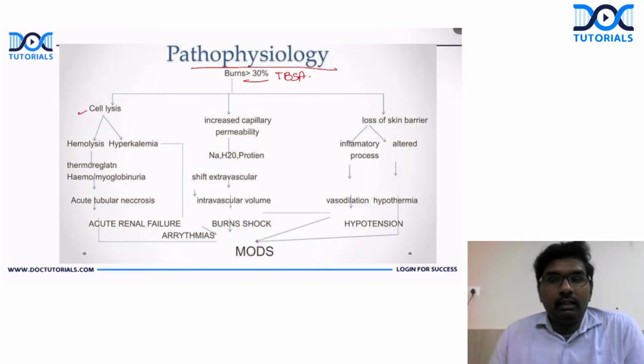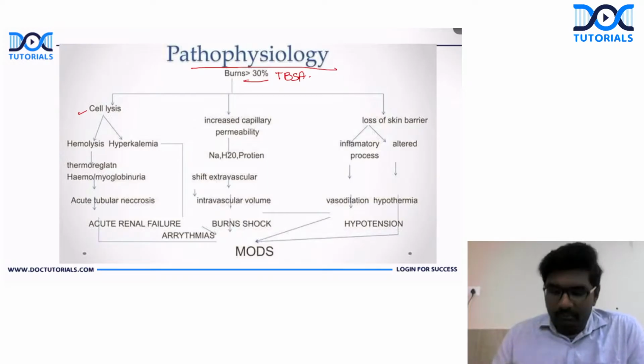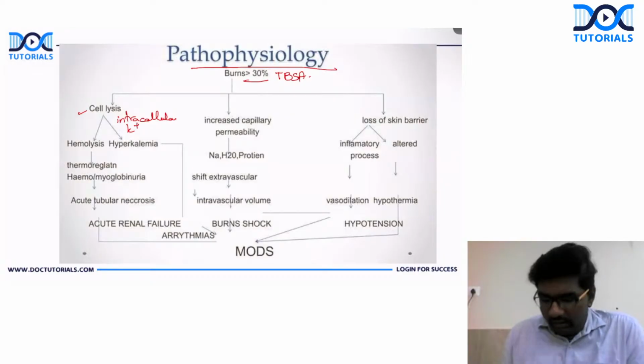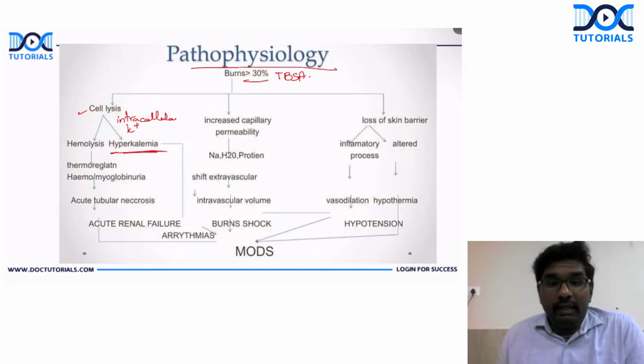When the cell lysis occurs, the intracellular potassium will be released into the bloodstream, resulting in hyperkalemia. Hyperkalemia can cause arrhythmias.